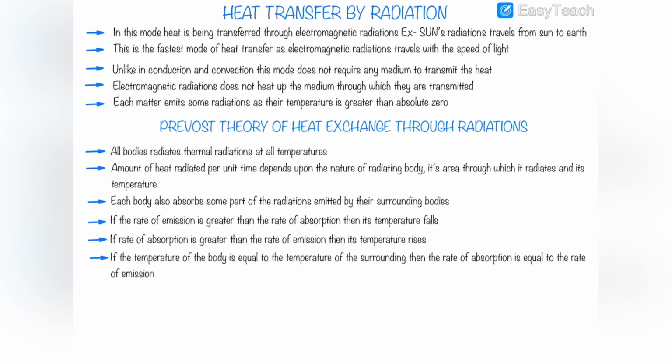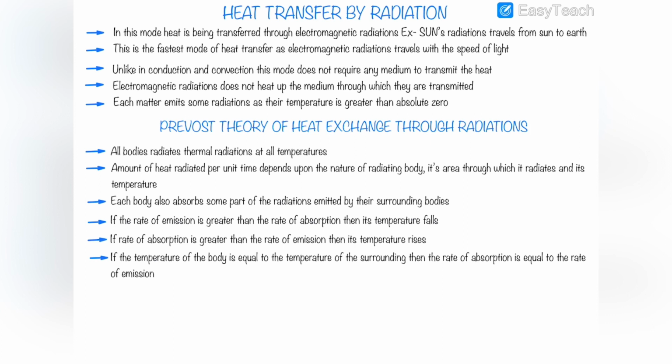And it is a very basic thing that each matter, whether it is living or non-living, emits some electromagnetic radiations, and its temperature should be greater than 0 Kelvin. We know that each matter has temperature greater than 0 Kelvin, as 0 Kelvin is not achieved yet. Our body is the best example of this fact.